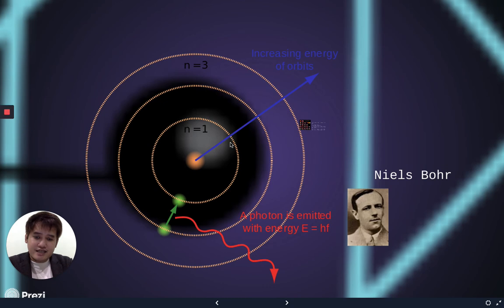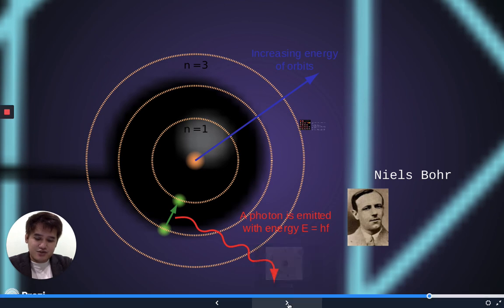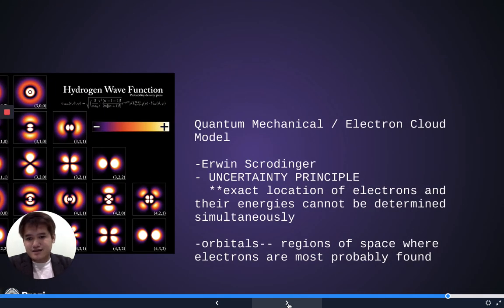It must take a very large amount of energy for an electron to jump from the ground state, n equals 1, to a higher energy level, and it releases that energy. This is depicted by the green spheres. A photon is emitted with energy, and energy is related to the photon's wavelength also, but more on that later.